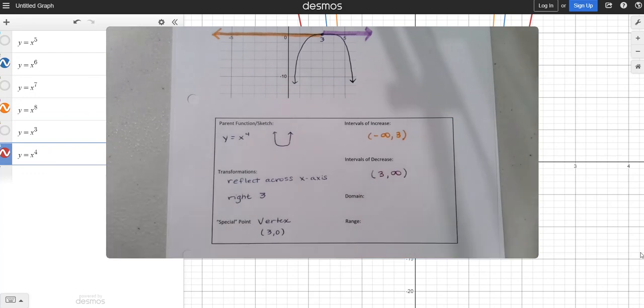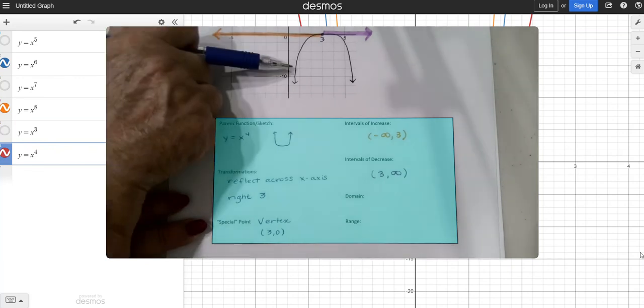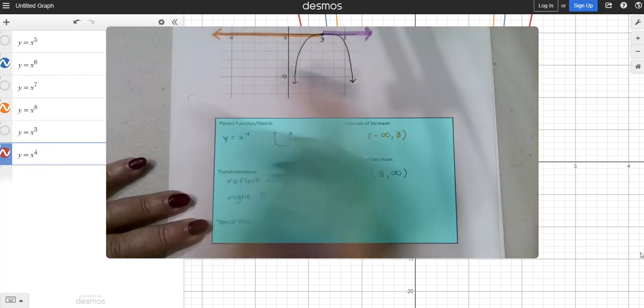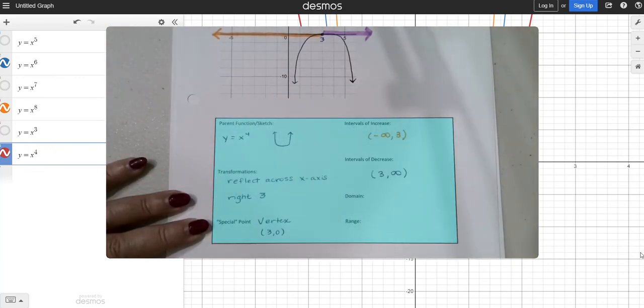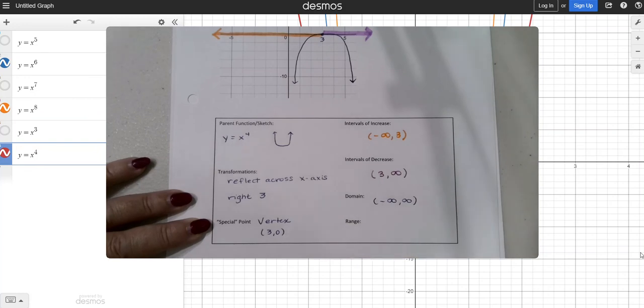All right, domain and range. We haven't talked about those with our power functions yet, but we're pretty used to reading those off a graph, so we should be good to go here. The domain, this goes slightly to the left forever and slightly to the right forever. So just like the quadratics, my domain's going to go from negative infinity to infinity.